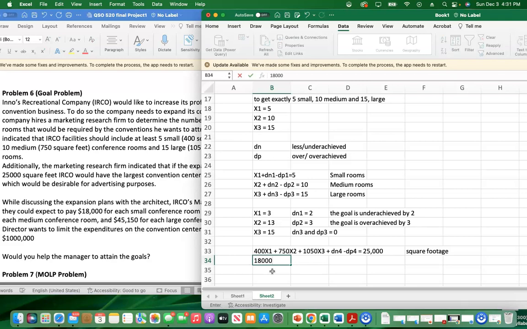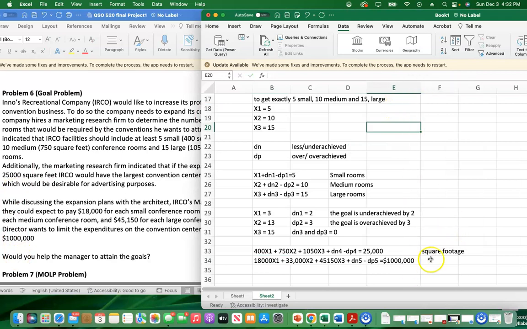And so we can include this constraint here: 18,000 x1 plus 33,000 x2 plus 45,150 x3, and then we will also include deviations, and so we are going to add dn5 minus dp5, and that will be equal to $1 million, and that will be our building cost.